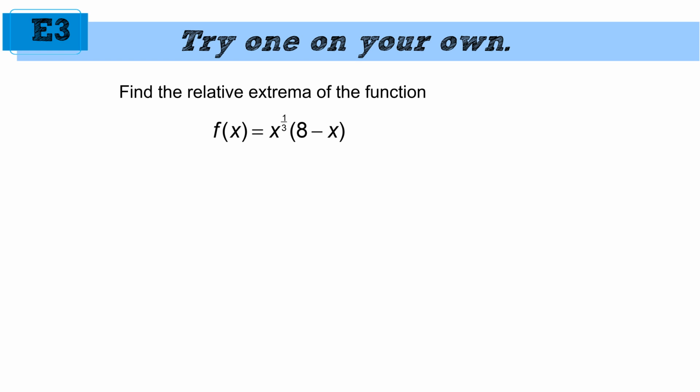Make a number line. I need some working room here. F prime of x. I got a 0. I got a 2. To save time, how does it go moving from left to right? What's the first region, positive or negative?